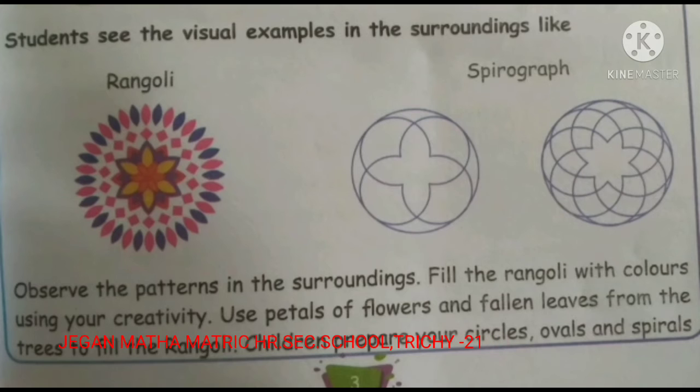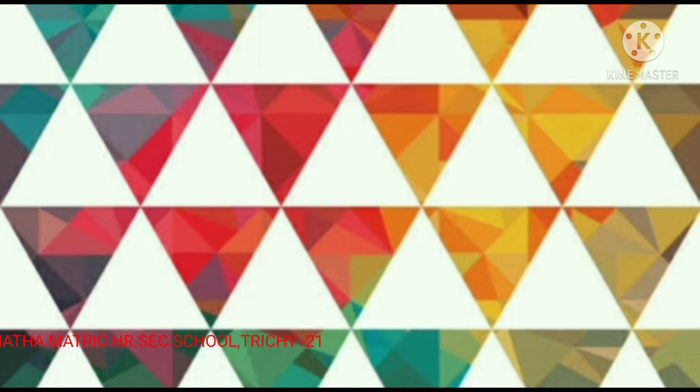Students, let's see the visual examples in the surroundings like rangoli and spirograph. Observe the patterns in the surroundings. Draw a rangoli and fill it with colors using your creativity. Let's see some petals of flowers, also examples of patterns.